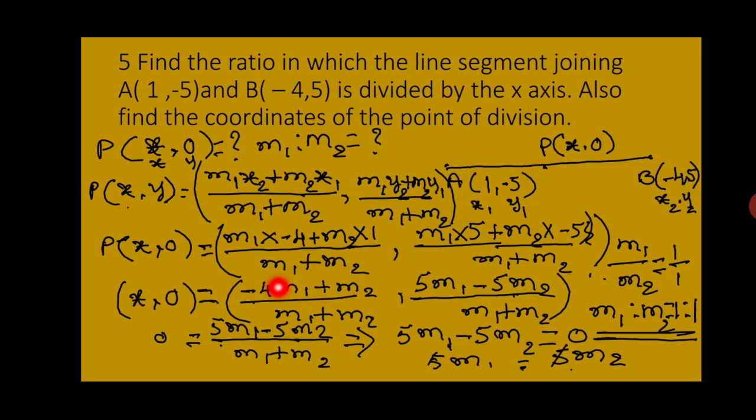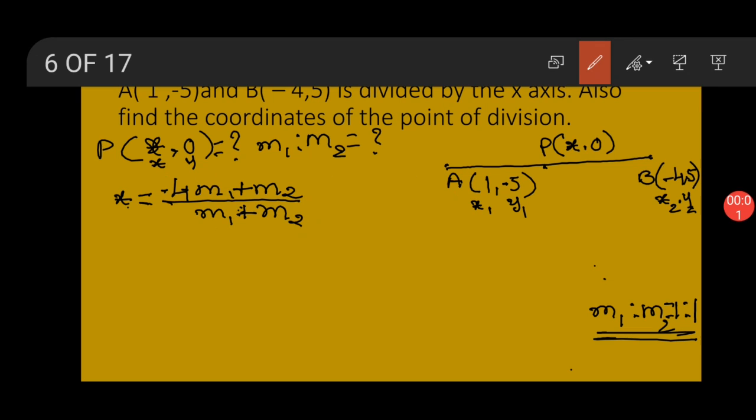Now equate x coordinates. X coordinate: x is equal to minus 4 m1 plus m2 divided by m1 plus m2. Then you will get the value of what? X. We need that x value. Now we know the value of m1 and m2. m1 is equal to 1 and m2 also 1.